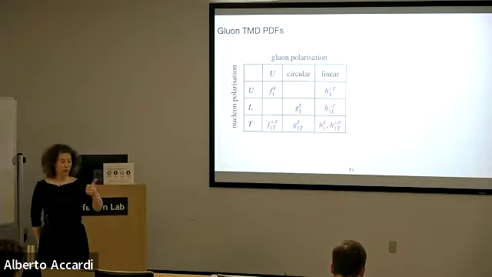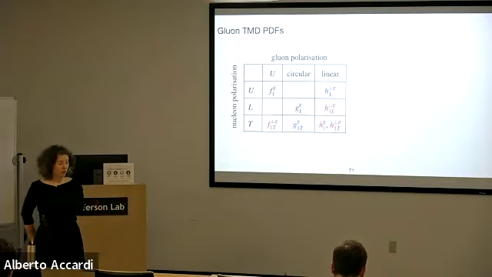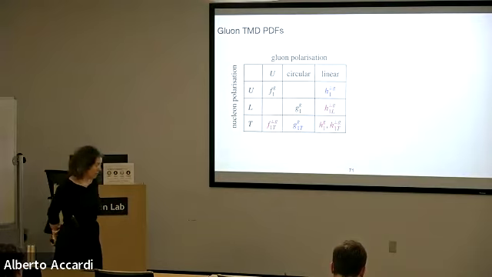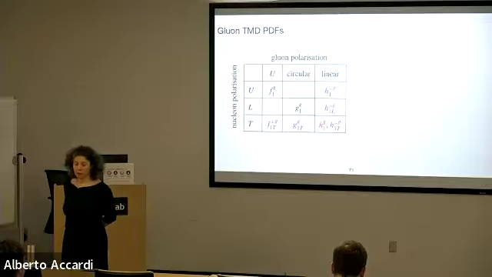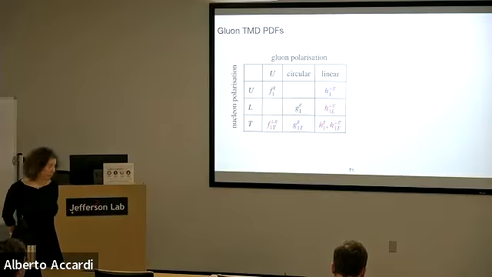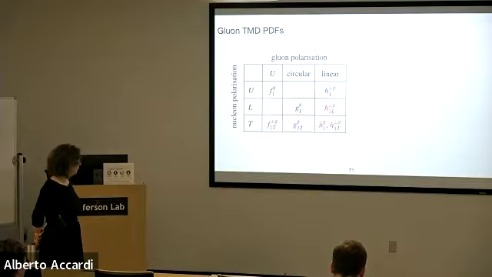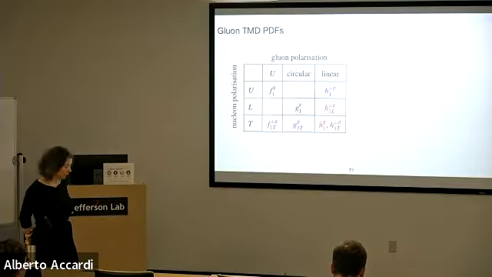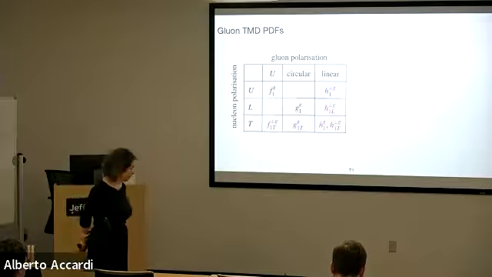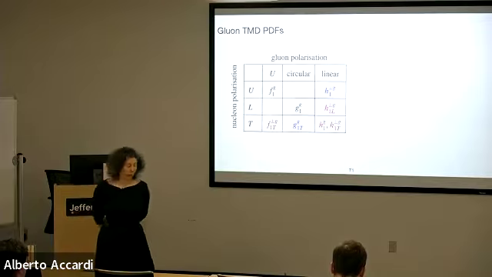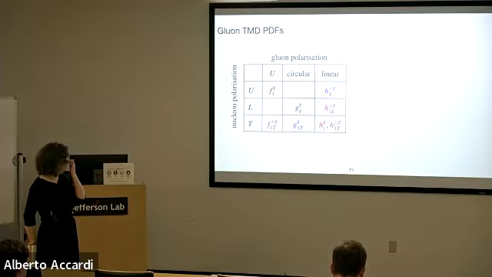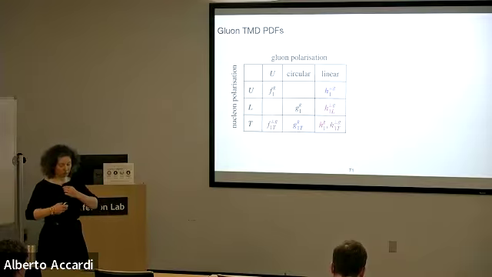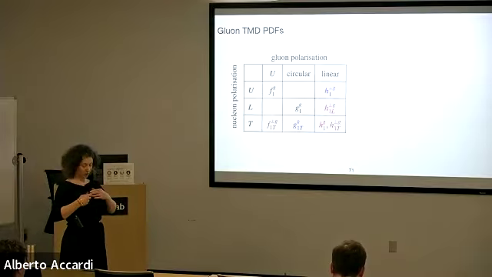Then we saw that we can also actually access much more. There are many more different aspects to the spin structure. So there is a difference between longitudinal and transversely polarized spin structure. Once we take into account transverse momentum, we have full access to all the different functions at leading twist.